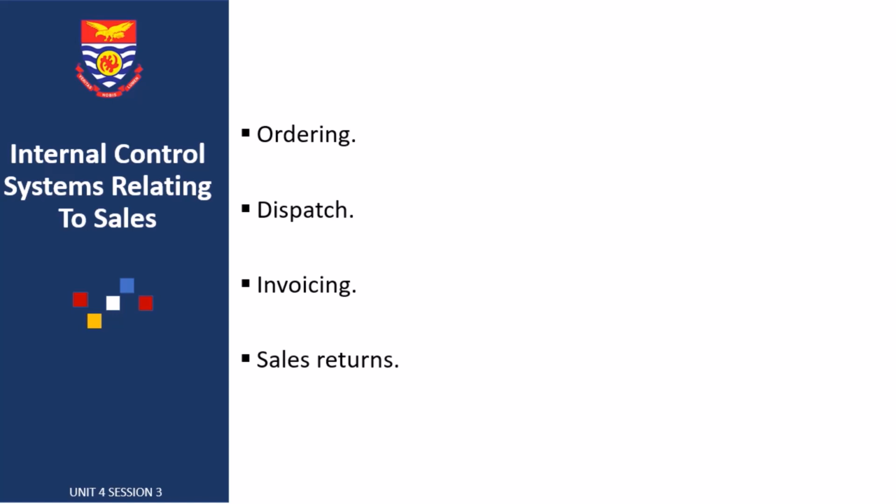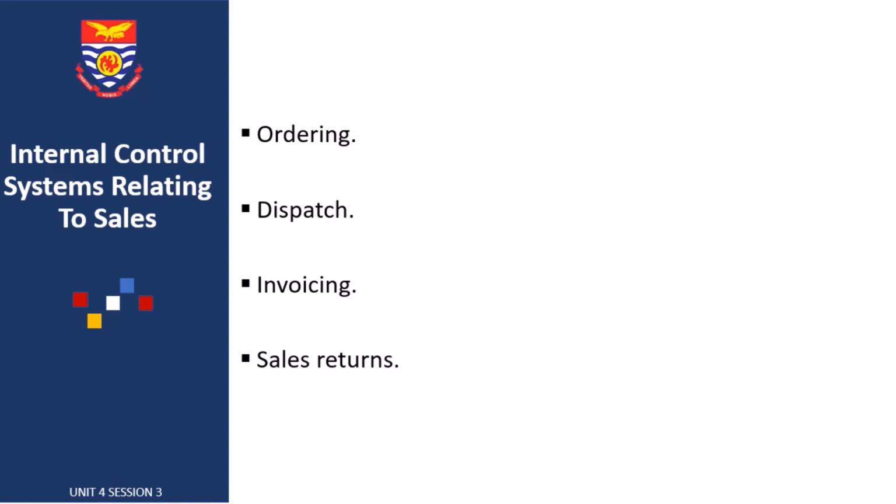The goods dispatch note should be authorized as goods leave and checked periodically to ensure they are complete and that all have been invoiced. So when the goods are being dispatched, there has to be a goods dispatch note, and this note should be authorized as the goods leave the premises or the storehouse, and checked periodically to ensure they are complete and that all have been invoiced.